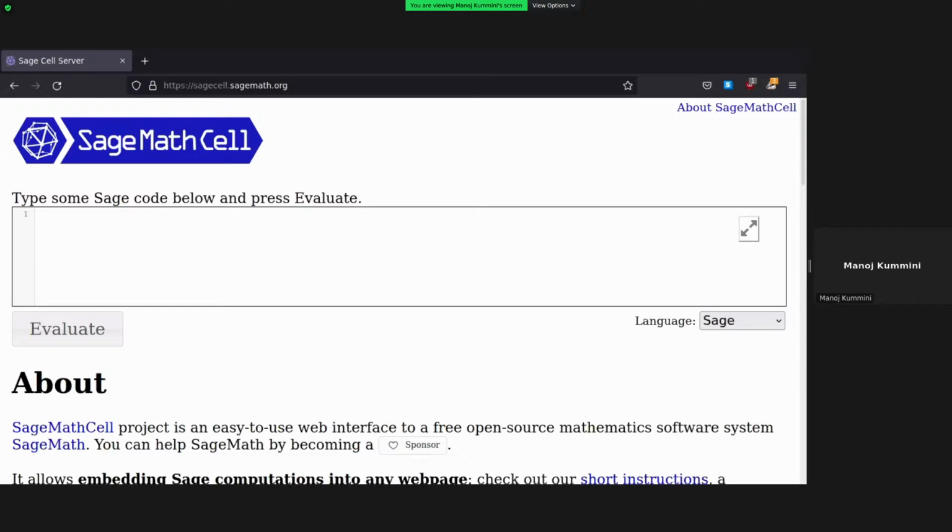The first part of this session I will do in the SageMath cell. I'll just cut and paste. I'm defining a matrix. The syntax is, I think, a superset of Python for the most part, but there are some differences in some operators; exponentiation is different in Python and in Sage.